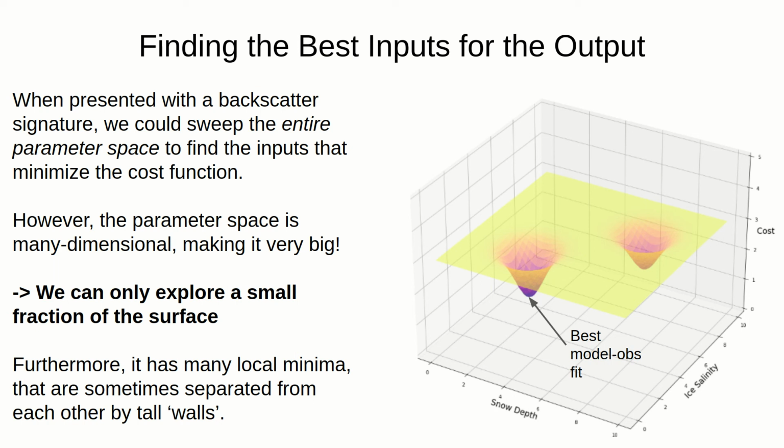So here the minimum is actually when the ice salinity and the snow depth are both 3, then the cost function is minimized. And what I've done to make this is that I've imagined that I can calculate the cost function for every single combination of snow depth and ice salinity. And you can do that with 2 degrees of freedom, just depth and salinity. That's quite easy. This isn't the actual function you get from SMRT, but it's just a visually easy to understand one.